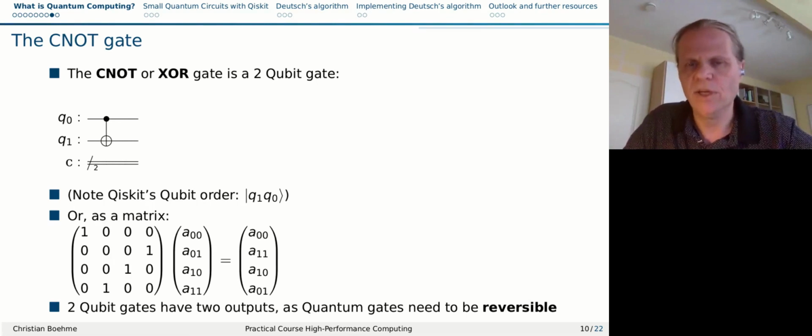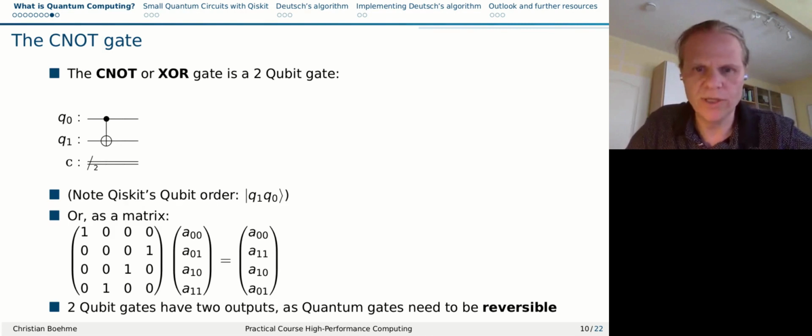In that case, if both are 1, then this here will be switched back to 0, which is the expected result for 1 XOR 1. If both are 0, then nothing will happen, and again this will be 0, like in the XOR expectation. If it is 0, 1, then this will be 1 and switch this also to 1, which is also the expected value for 0 XOR 1. So that's the second definition of the XOR gate.